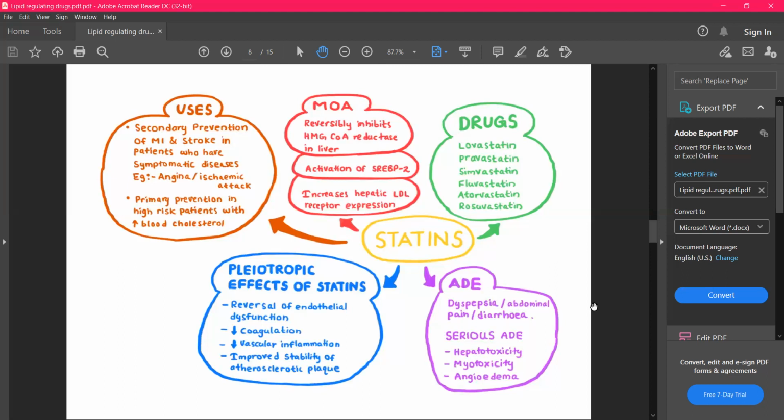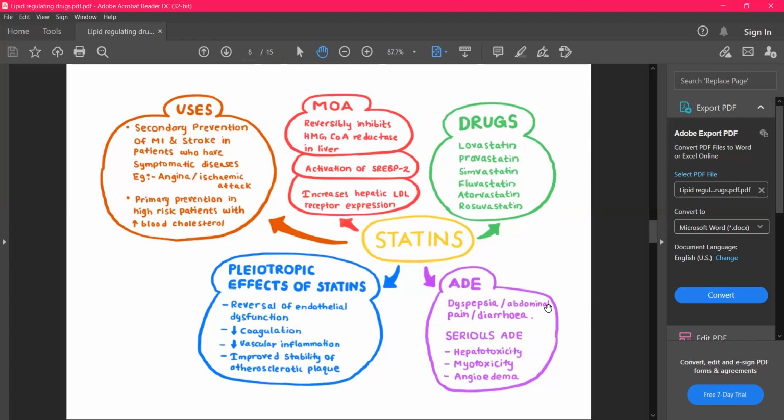Right, so the adverse effects. Now remember, for all lipid regulating drugs, the commonest adverse drug effect that you can expect is any sort of GI disturbance. So the same goes with statins. You will have dyspepsia, abdominal pain, diarrhea, etc. And in addition, there's a chance for hepatotoxicity.